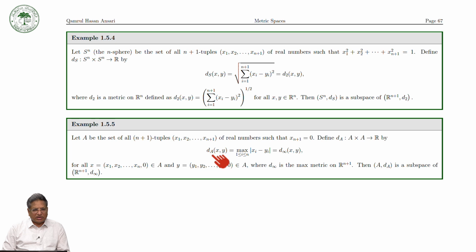So if we say that A with dA is a subspace of Rn plus 1 with the usual metric, it would not be correct, because dA is the restriction of the d infinity metric, not the usual metric. So this is a very important fact here.